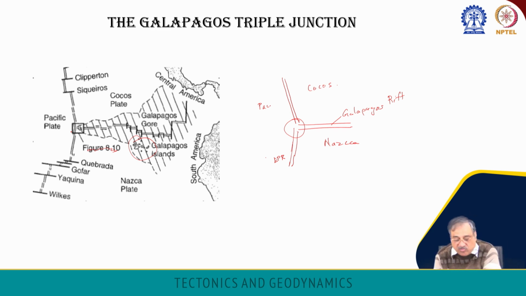And because it's a ridge triple junction, if we assume orthogonal spreading on each of these, as I told you before, no matter what the geometry, whatever the manner in which I draw the relative velocity triangle, which depicts the relative velocities between these three plates, the perpendicular bisectors of each side of the relative velocity triangle would inevitably meet at a point.